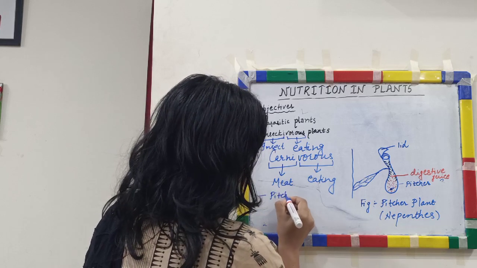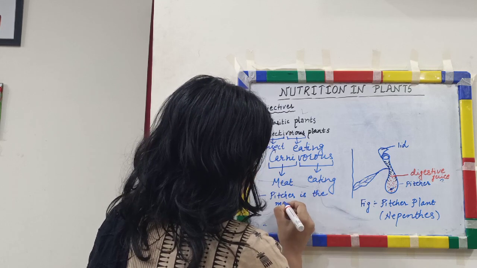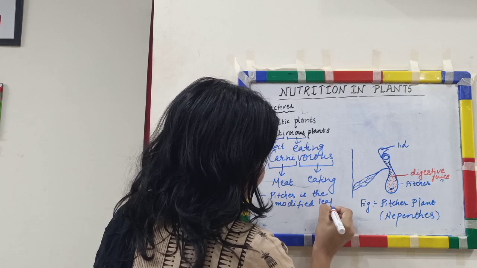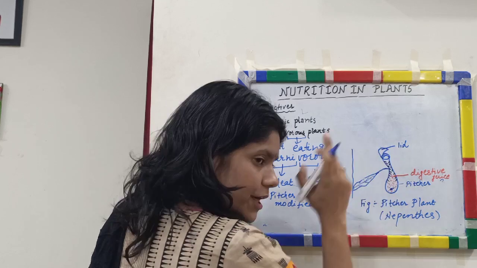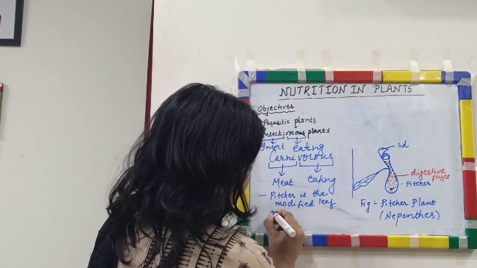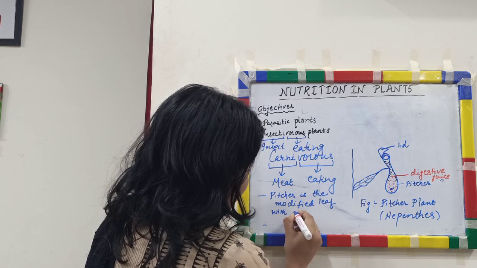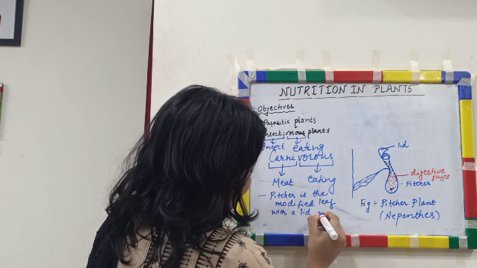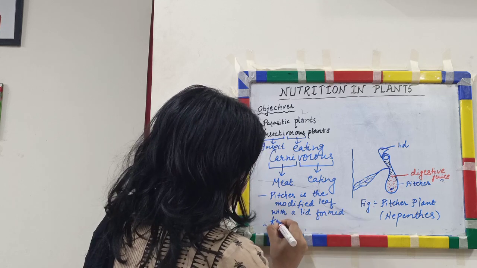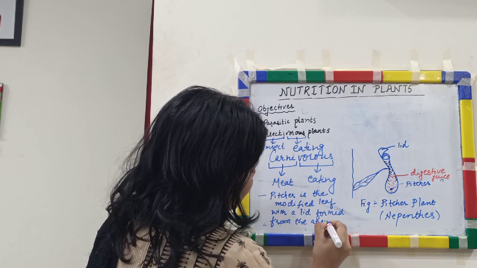The pitcher is the modified leaf. How is the lid formed? The lid is formed from the apex of the leaf.